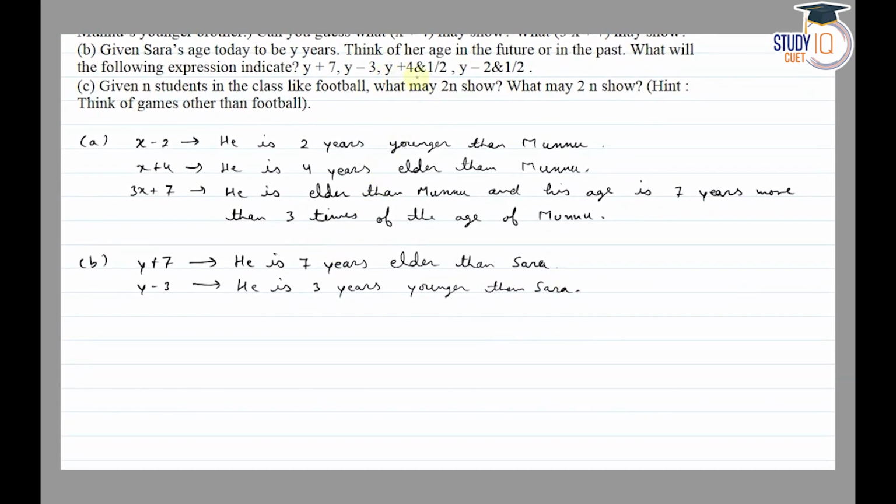Next, y plus 4 and a half: he is 4.5 years elder than Sara.